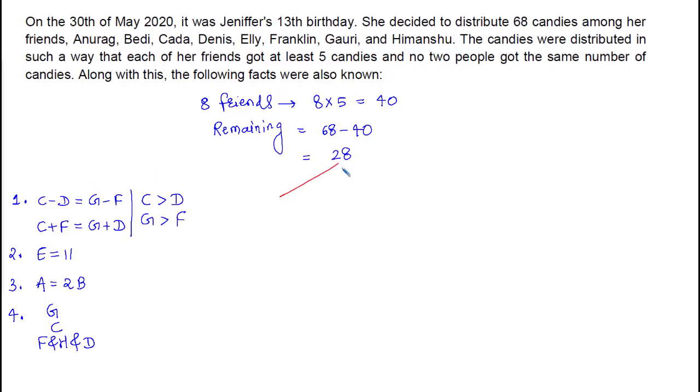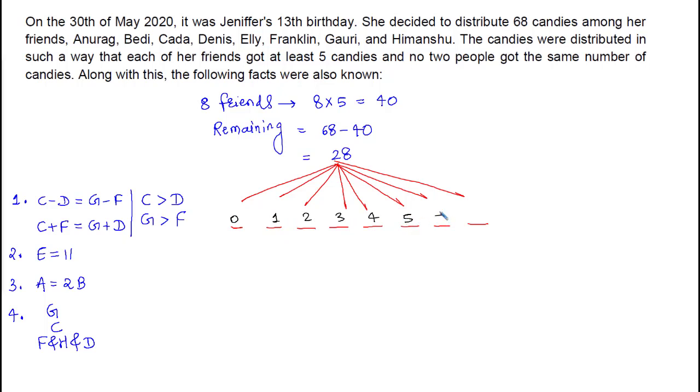These 28 candies we are supposed to distribute among the 8 friends, such that each and every friend will receive a different number of candies. If we do some trial and error, this 28 is nothing but 0 plus 1 plus 2 plus 3 plus 4 plus 5 plus 6 plus 7.